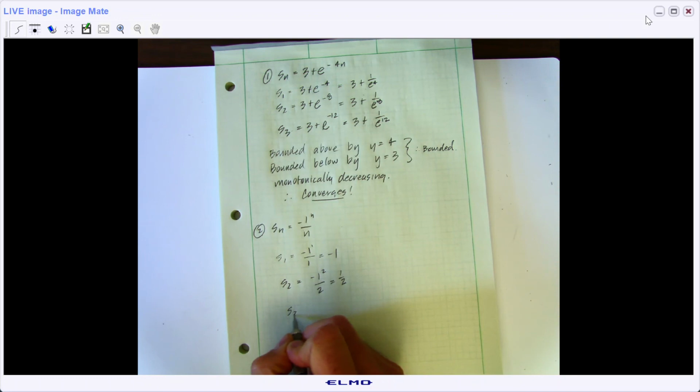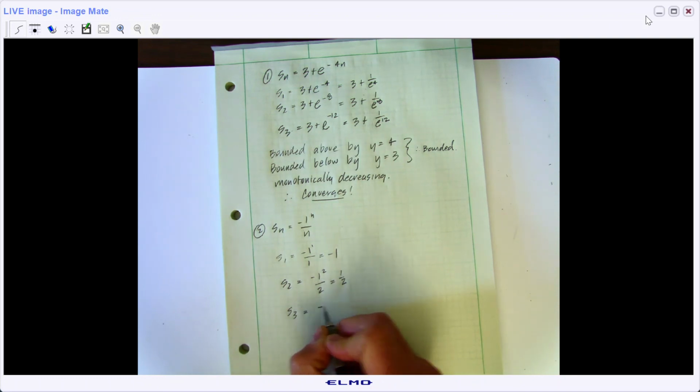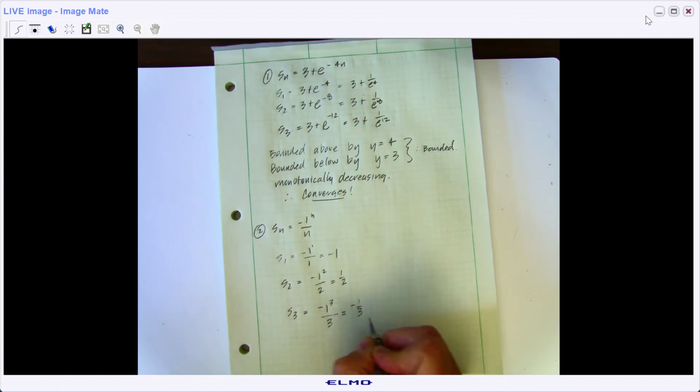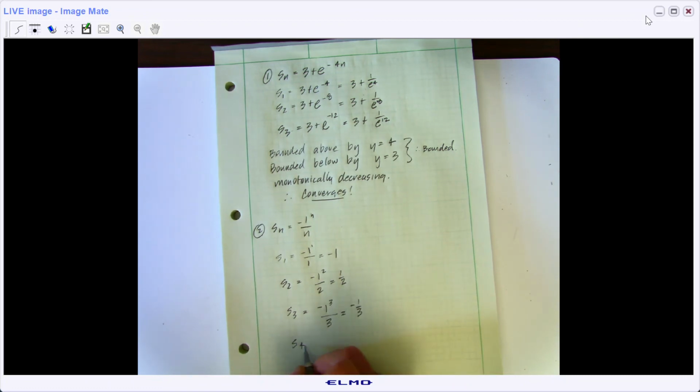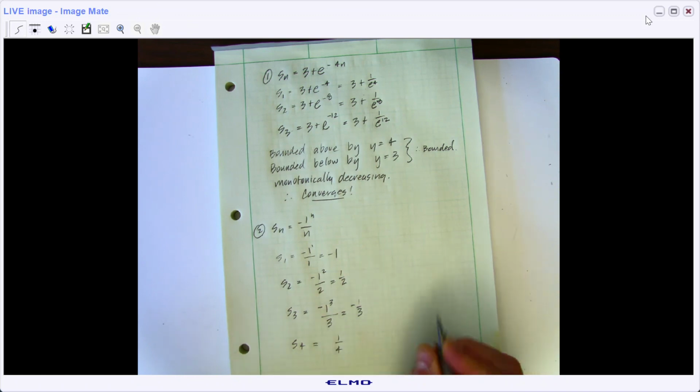S sub 3 is going to be negative 1 to the 3 over 3, so this will be negative 1/3. And S sub 4, it appears that what this does is it just alternates positive, negative, and the denominator is just the index of the term, so this is going to be a positive 1/4.